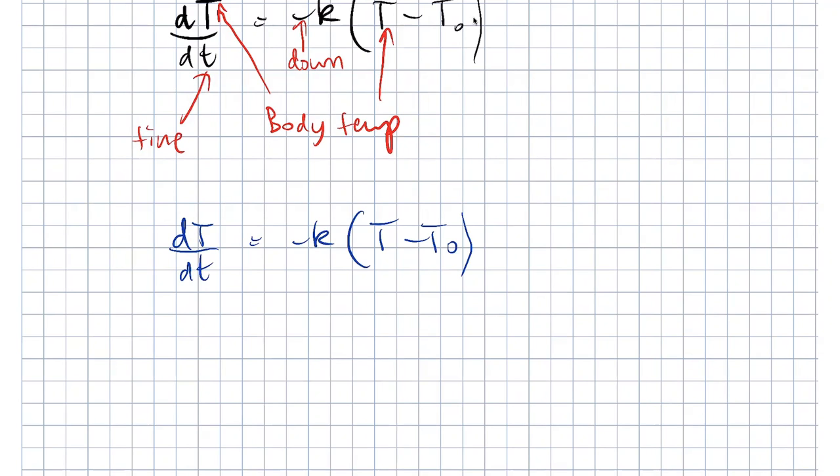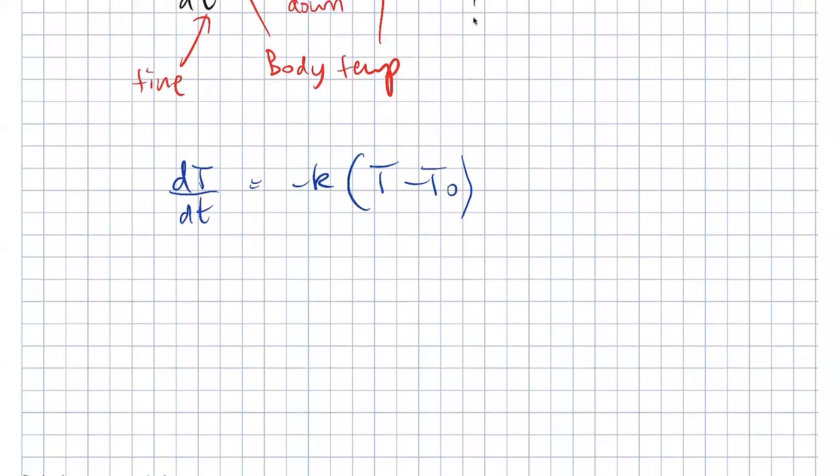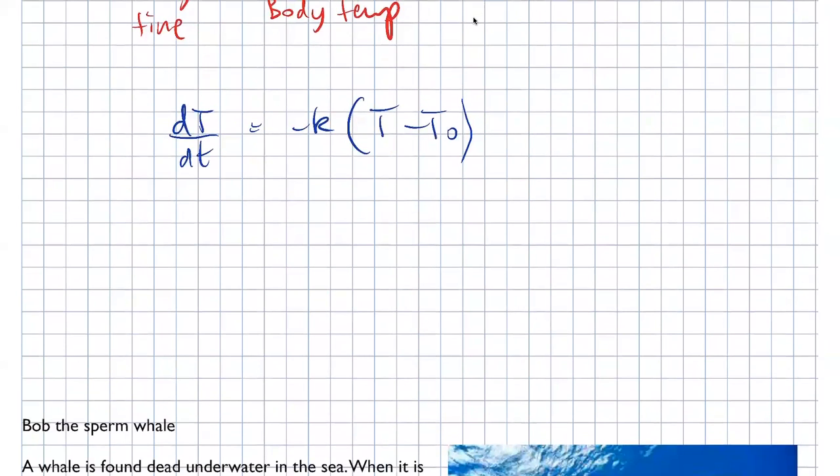So T0, the temperature of the surroundings, is actually treated as a constant. So we're going to create an equation out of this by separating variables. If we go ahead and do that, I get 1 over (T minus T0) dT is equal to negative k dt.